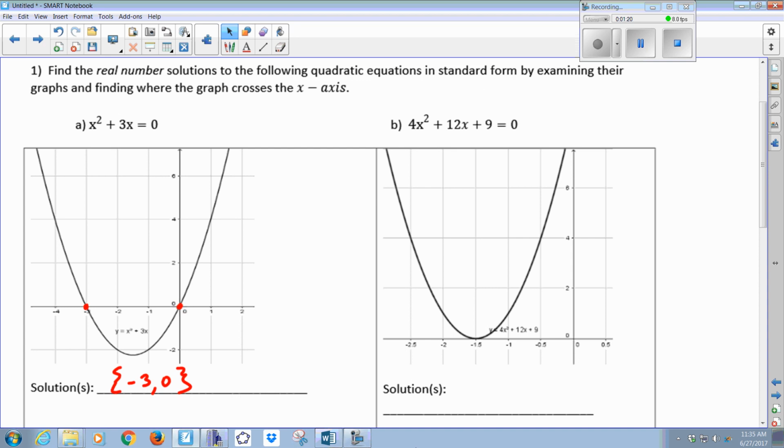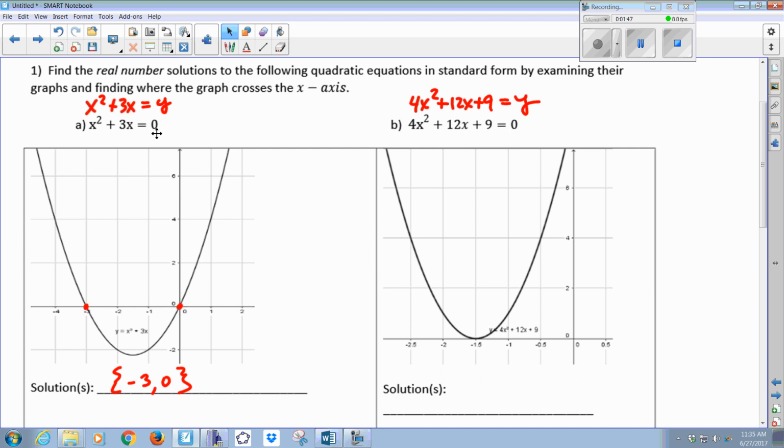If we look at the next equation, 4x squared plus 12x plus 9 equals 0, the graph itself is 4x squared plus 12x plus 9 equals y, and this other graph is x squared plus 3x equals y. So we're looking for a specific spot on this graph, and that's where y is 0.